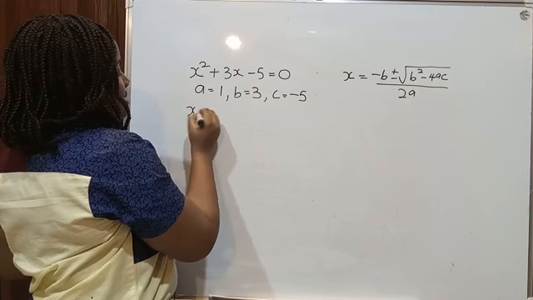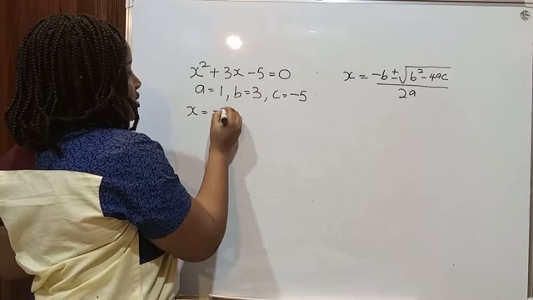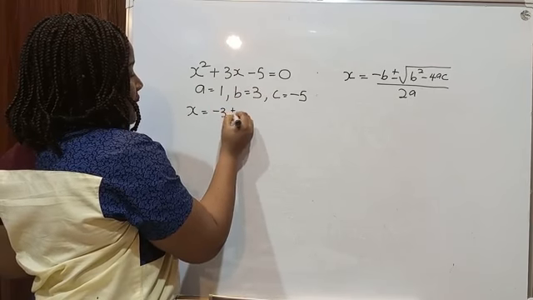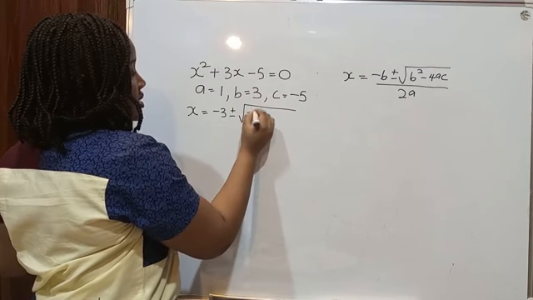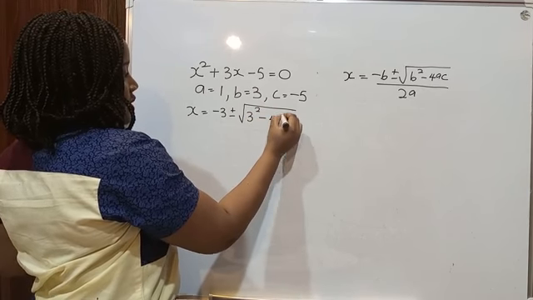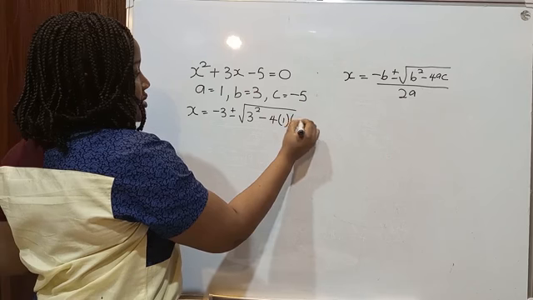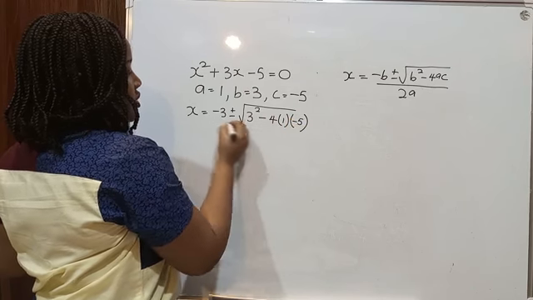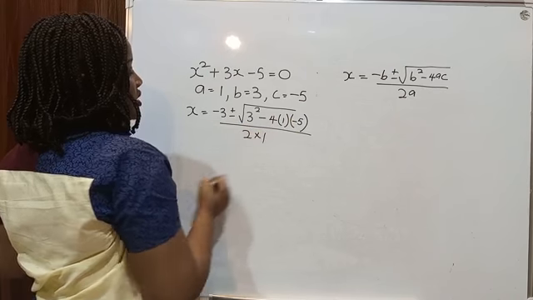You have x equals minus b, which is minus 3, plus or minus b squared, which is 3 squared, minus 4, a is 1, c is minus 5, all over 2a, 2 times 1, which is 2.